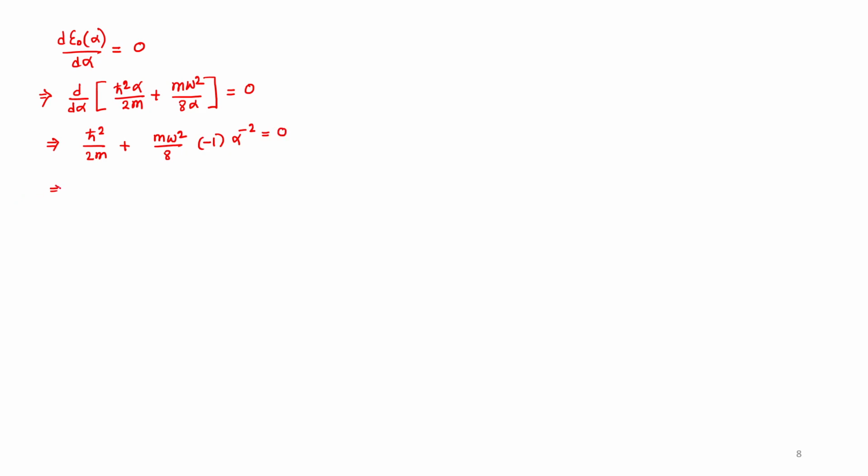So we can take h cut square by 2m on one side, and m omega square by 8 alpha square on the right hand side. And we can obviously exchange all the things. And this 2 and 8 will be 4. So alpha square I'm taking this side.